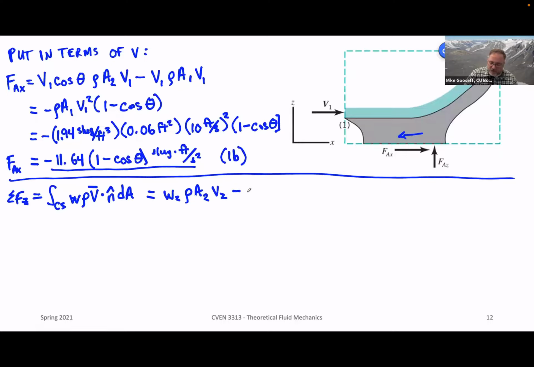And then we subtract the inflow, little W1 times rho times A1, V1. And what we find from this, remember we said that W1 was equal to 0, so this term is going to go to 0, right?